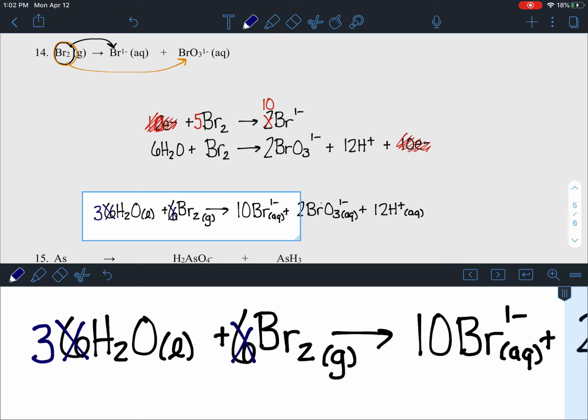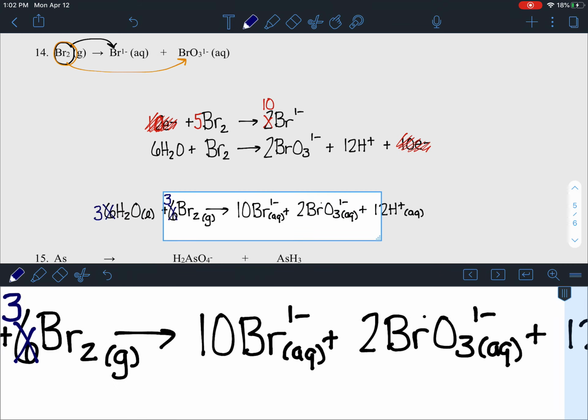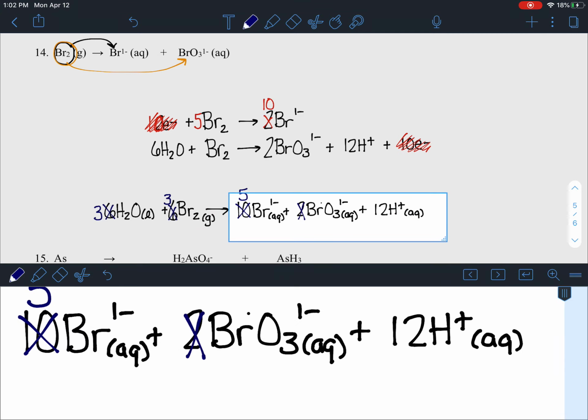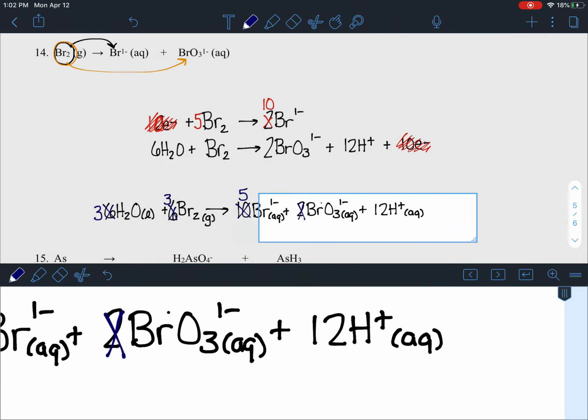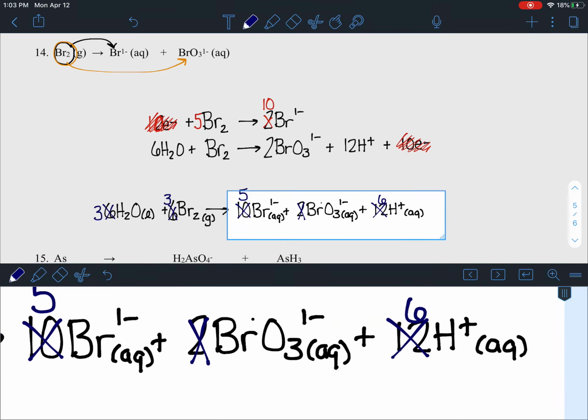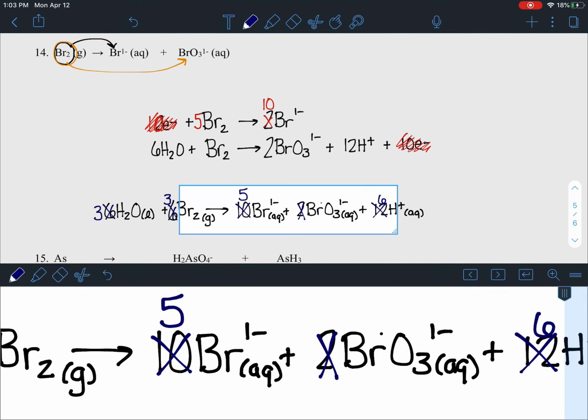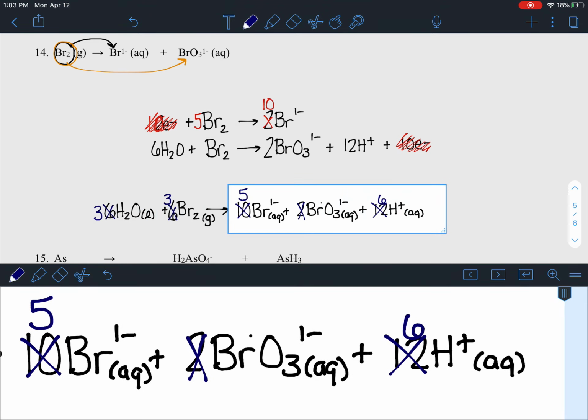Instead of 6 Br2s, we have 3. Instead of 10 Br1 minuses, we have 5. And we have 1 BrO3. And then we have 6 H positive. So in situations where at the very end, all of the coefficients can be simplified, that is what you need to do to finalize your answer.